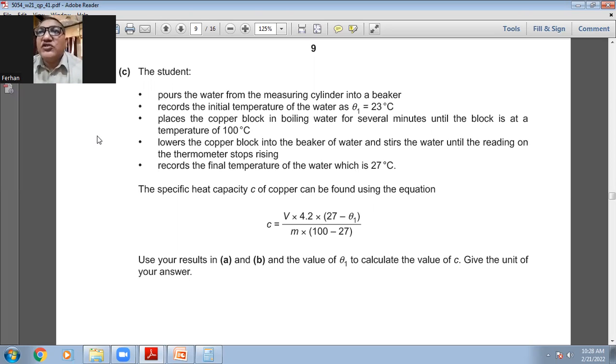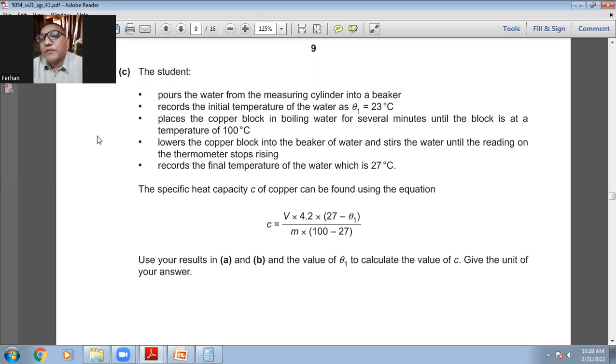When the thermometer shows that the temperature is no longer rising, he records the final temperature of the water, which is 27 degrees Celsius. The water's initial temperature was 23 degrees centigrade, and now it has increased to 27 because of the hot copper in it.